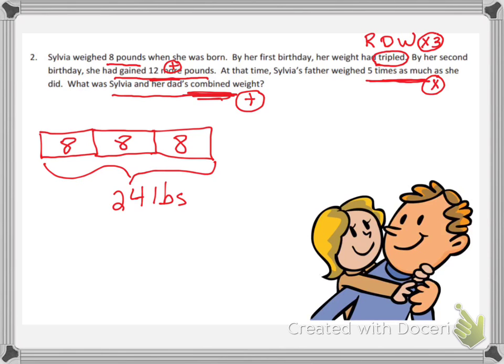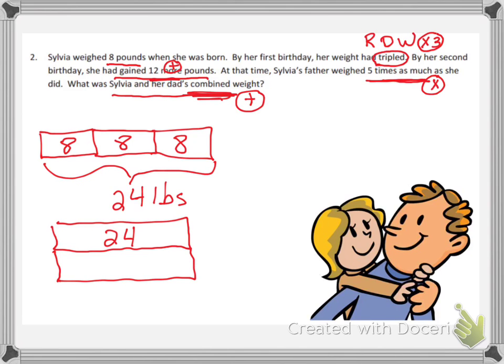But then the second part is by her second birthday, she gained 12 more pounds. So now if we had another tape, this represents 24. And by her second birthday, she's got 24. But now we have to add 12 more pounds. So how much does she weigh by her second birthday?